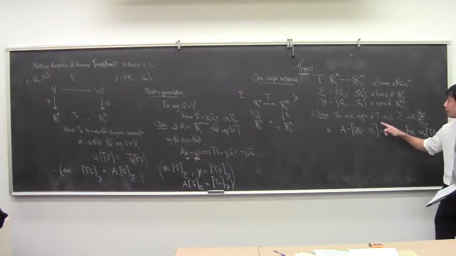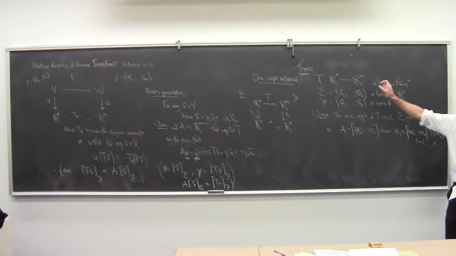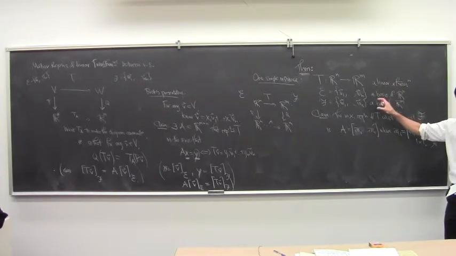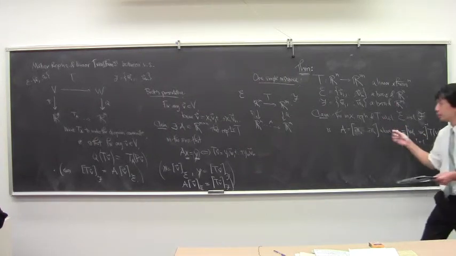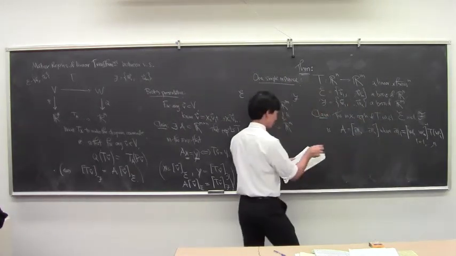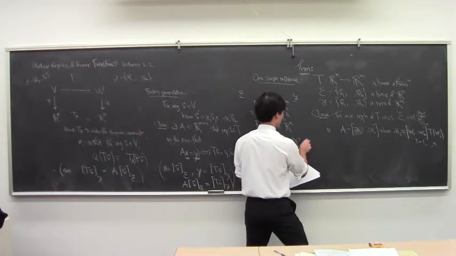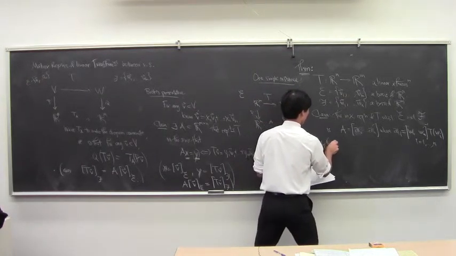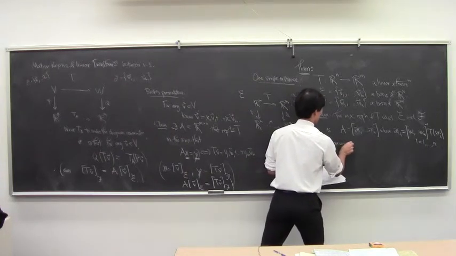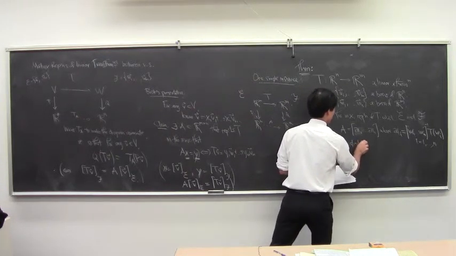Somebody gives you a transformation between vector spaces and says, what's the matrix representation? You already know how to do it, right? Just do what we did before. Just apply the previous work, the previous calculation.